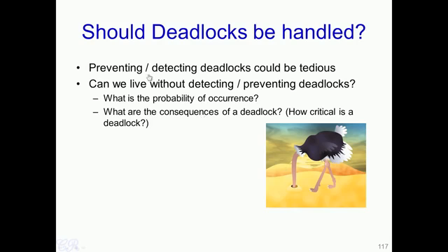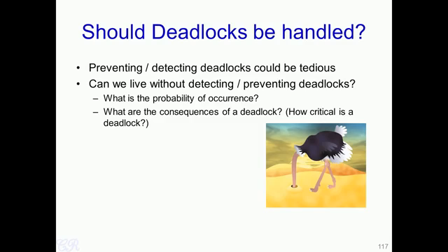So, either choice, that is either having some deadlock prevention or detection mechanisms, or just ignoring the entire aspect of deadlock, would need to be made during the OS design time, or rather the system design time.